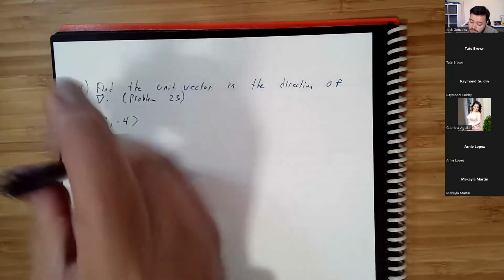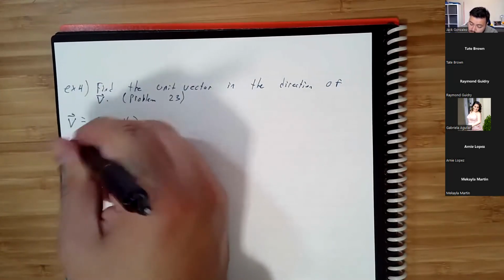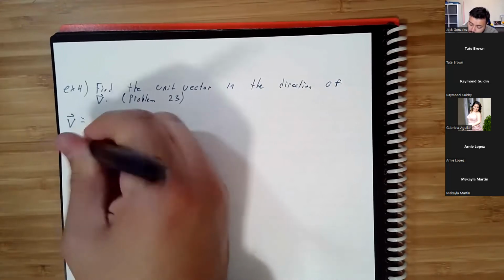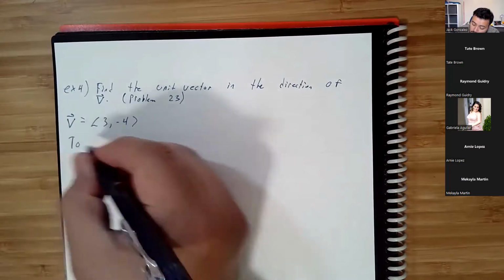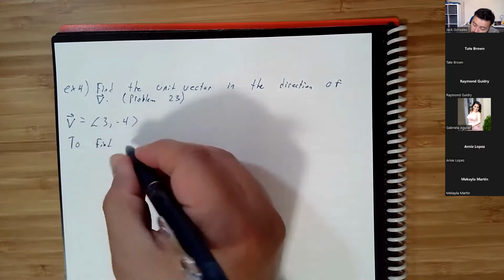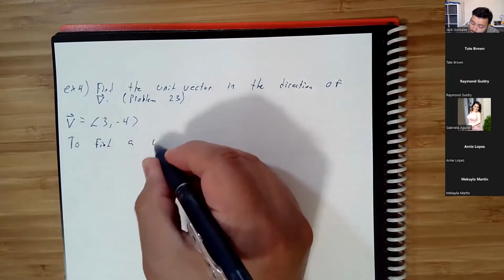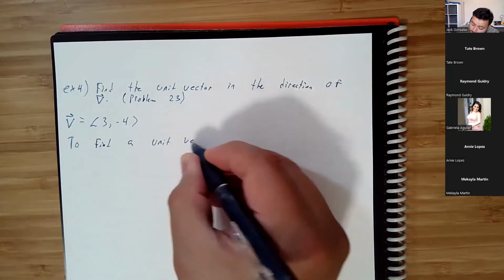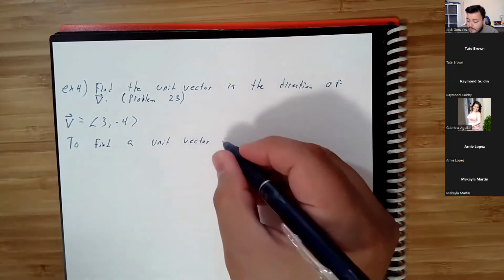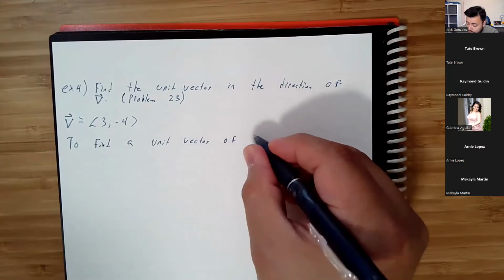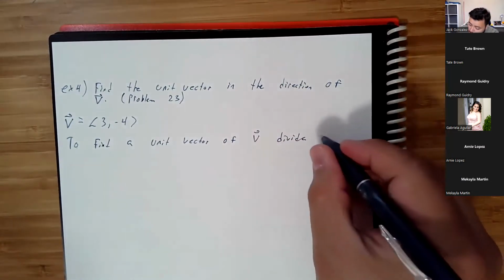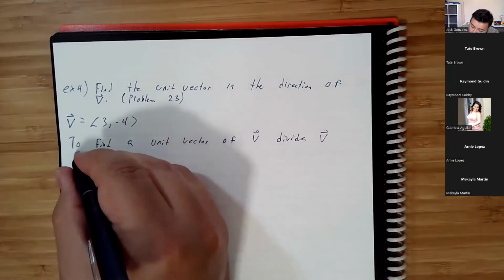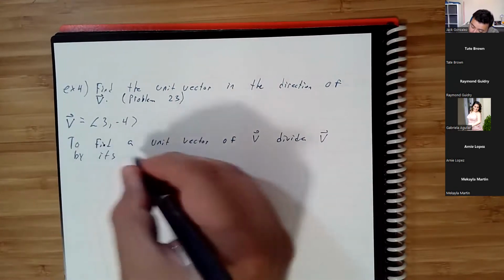So let me write the formula first. To find a unit vector of v, divide v by its magnitude.